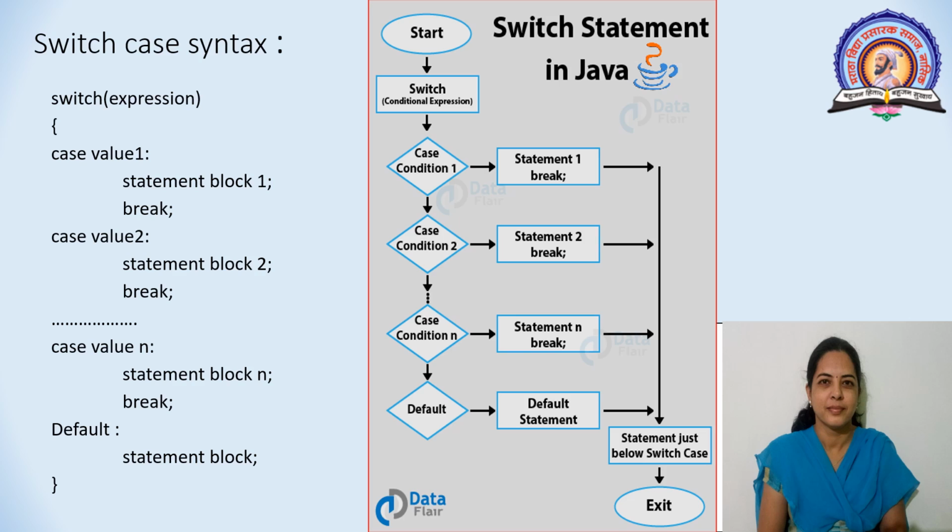So case condition 2, if it matches, then it will execute statement 2. Again, if it doesn't match, it will go to the next case. In this way, at the last is the default value. So if it doesn't match any case, it will execute the default statement and it will exit the switch case.